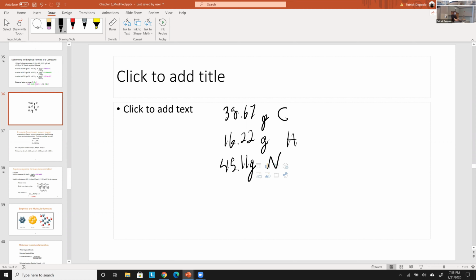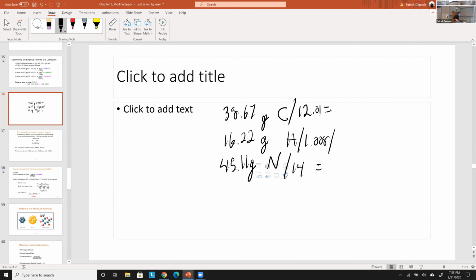So the first step is we are dividing by the molar masses of each of these elements. So we're dividing by 12 here, or 12.01. That gives us a number. We're dividing by 1.008 here, and dividing nitrogen by 14, which is the molar mass.